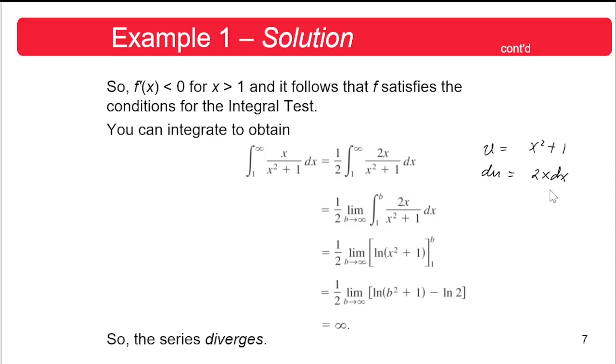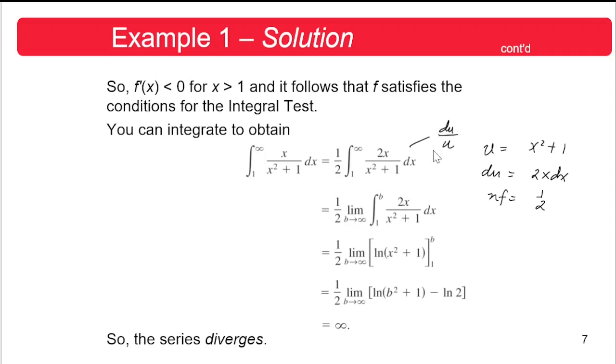But because 2 is missing in the numerator, there should be a correction factor of 1 half. So this should be 1 half times du, where du is 2x dx, all over u, where u is x squared plus 1. This is now of the form du over u.